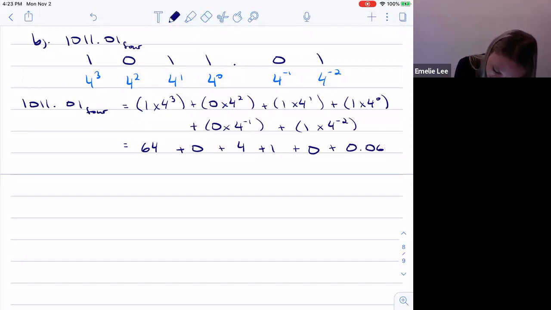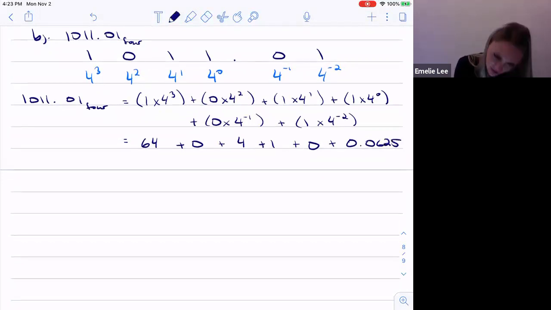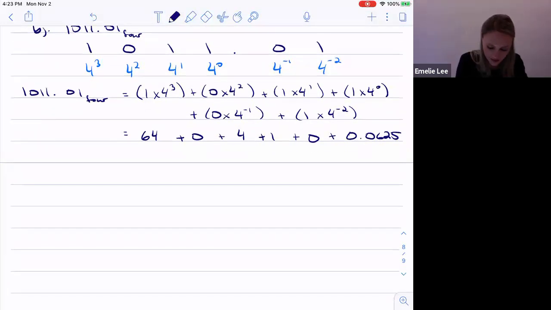Don't worry, the 2 made an appearance later on, so I was just sloppy in my notes. So this becomes, once I add all these up, 69.0625, base 10, of course.